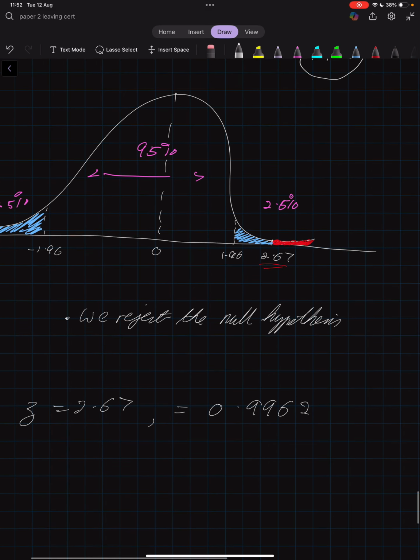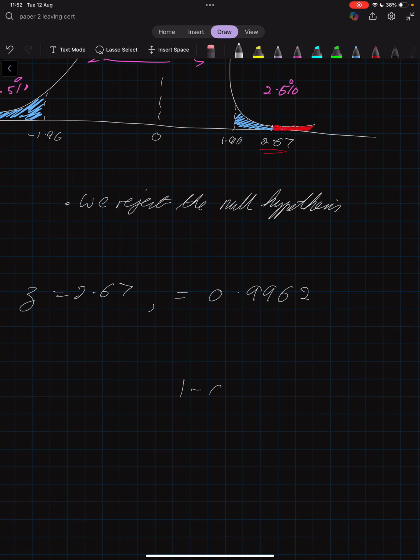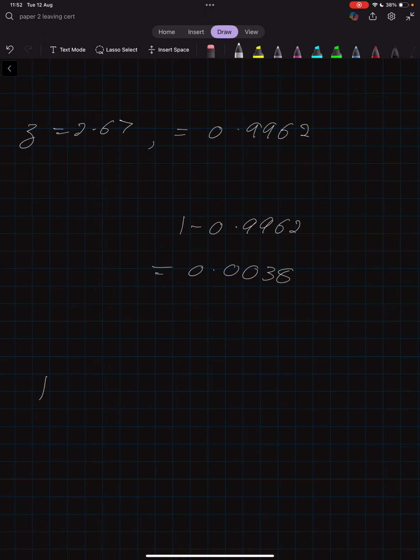So the chance of getting the red region is going to be 1 minus 0.9962, which is 0.0038. Now, your p-value is always equal to the probability that the magnitude of z is greater than or equal to the magnitude of your z value, which is 2.67.